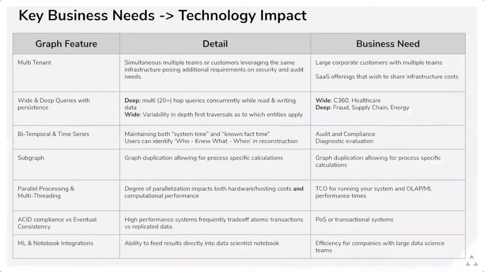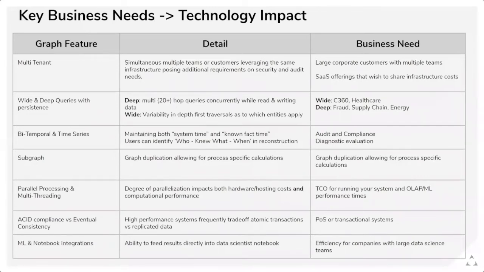ACID compliance and eventual consistency. What if I've got a point of sale situation where each and every transaction coming in may affect my whole graph analytic job, right? So how do I handle writes? Am I actually writing once and then having to copy it over to the other nodes? Or do I have a sharded system where I can keep track of these in an ACID compliant way versus relying on eventual consistency?